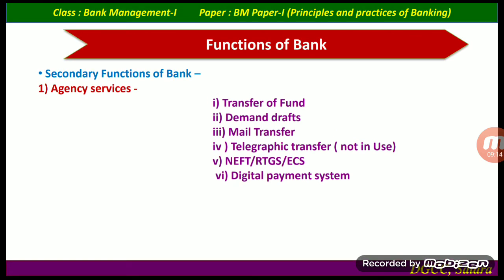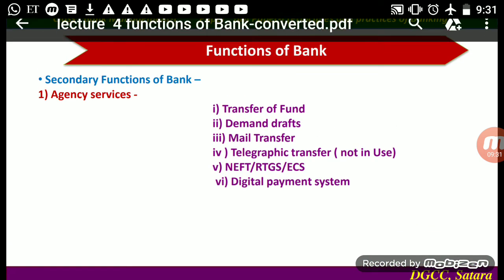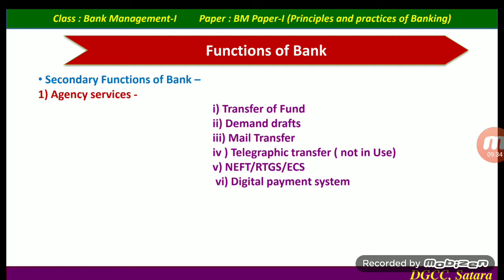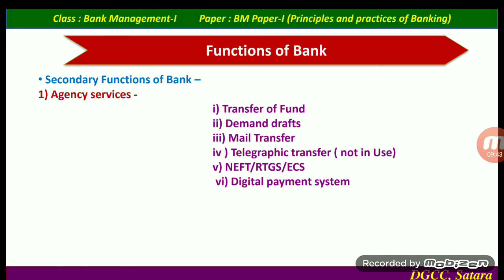Executor means some orders given by customers, bank follow it, and some buying, purchasing, or other deals, bank acts as an executor on behalf of customers. Attorney service means acting on behalf of customer, like an advocate acts as an attorney on behalf of customer. Like that, banks also act as an attorney.